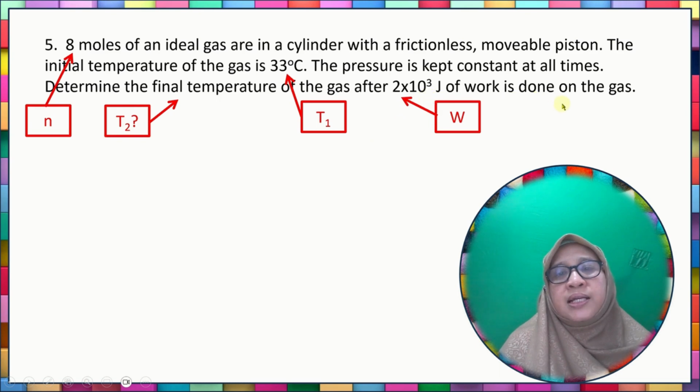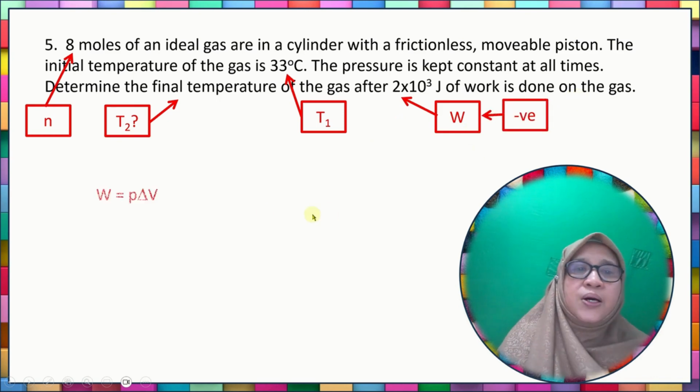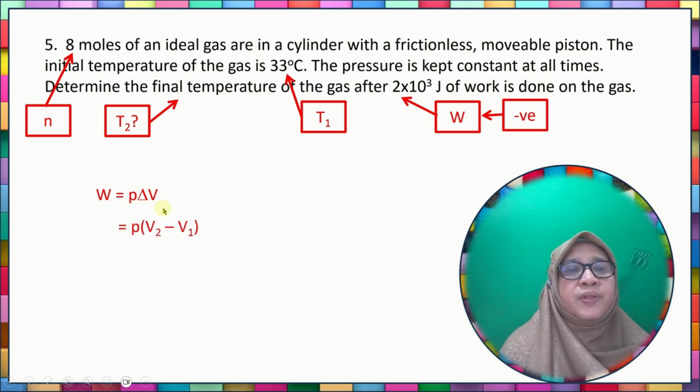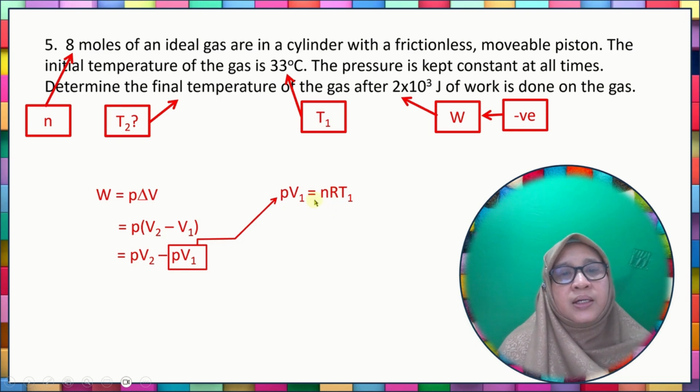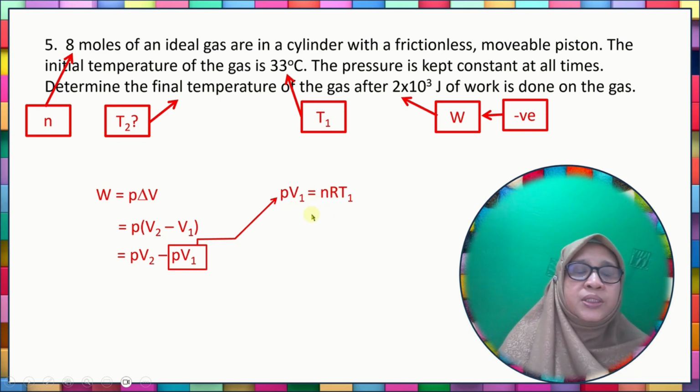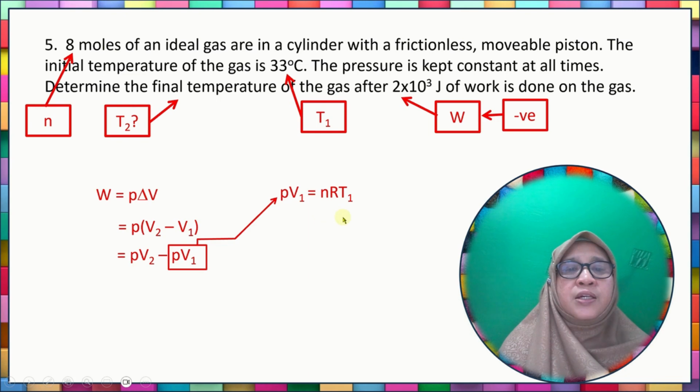Work is done on the gas, so that means this work is negative. We use work equals P delta V, and P is constant all the time, so we get P V2 minus P V1. Then we use the next formula, PV equals nRT.